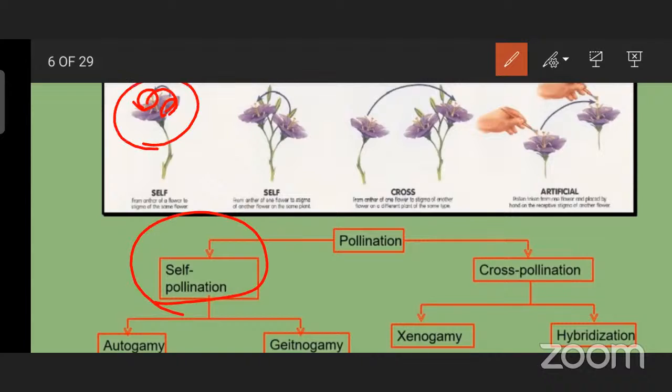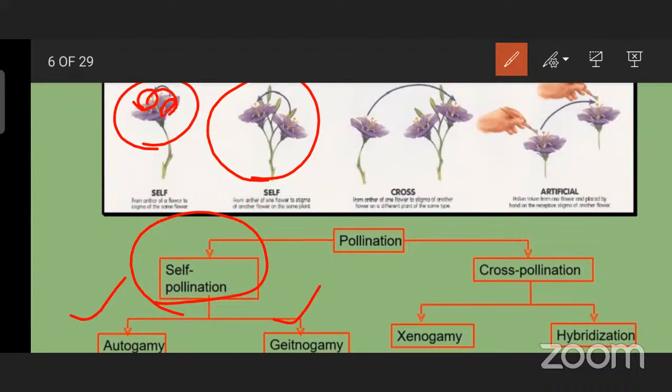This self-pollination is again divided into two types, autogamy and geitonogamy.